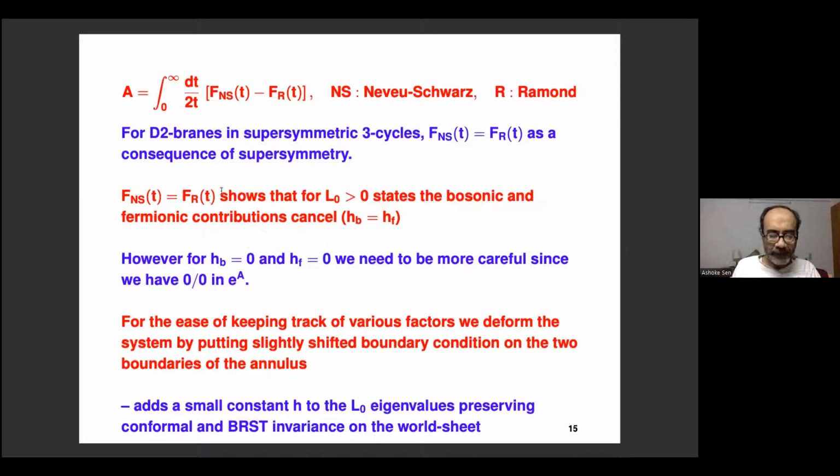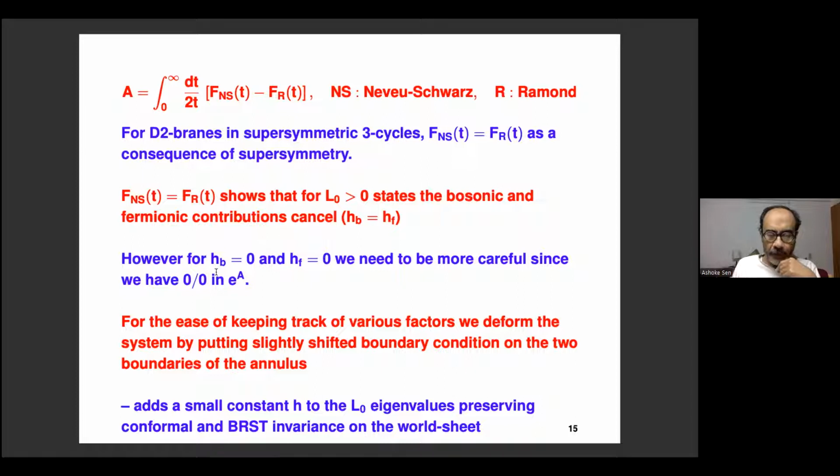What it shows is that for the L0 positive states, when you expand this f_NS and f_R in powers of e to the minus 2 pi h_b or e to the minus 2 pi h_f, then for L0 positive states, namely for h_b and h_f positive, we can see that there is exact cancellation between the bosonic and fermionic contributions. So you don't have to worry about those. We can just forget about them, because that cancellation you can trust.